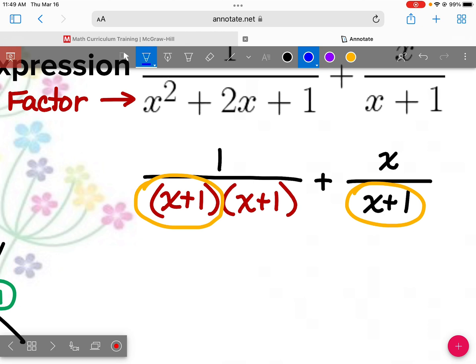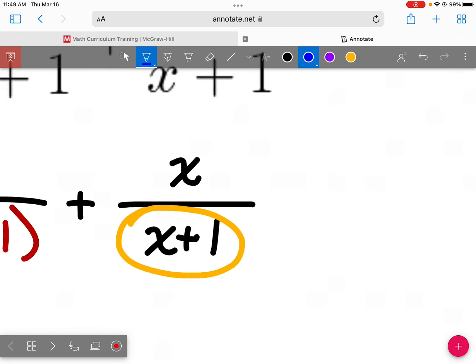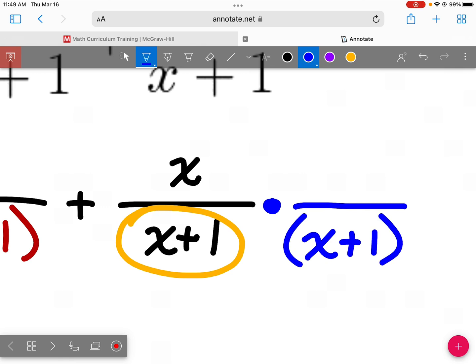What does the first denominator have that the second one doesn't? Another x plus 1. So I have to give this fraction another x plus 1. The only way I'm allowed to do that is if I multiply top and bottom by x plus 1.